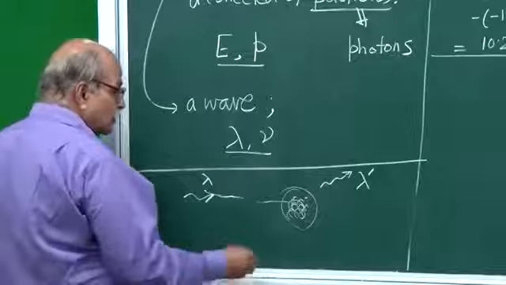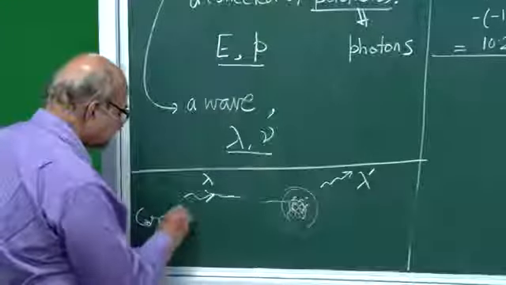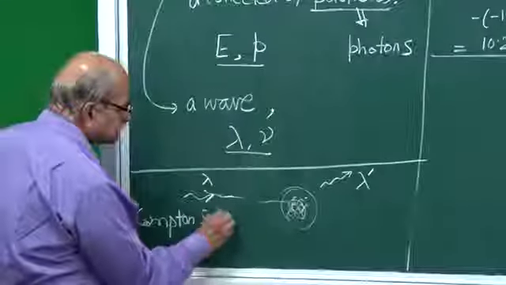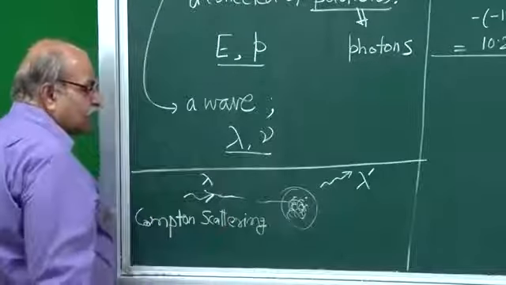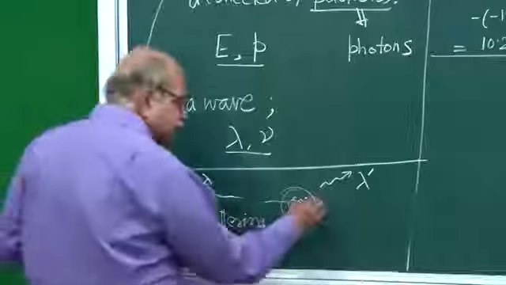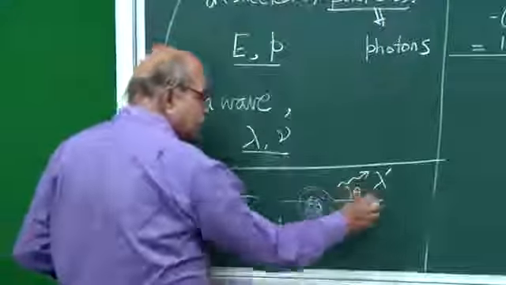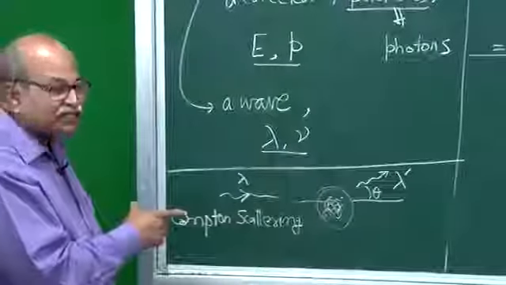This is known as Compton scattering. And there is a certain relation between this angle theta and the difference between lambda and lambda prime, and how that relation can be obtained from equations.